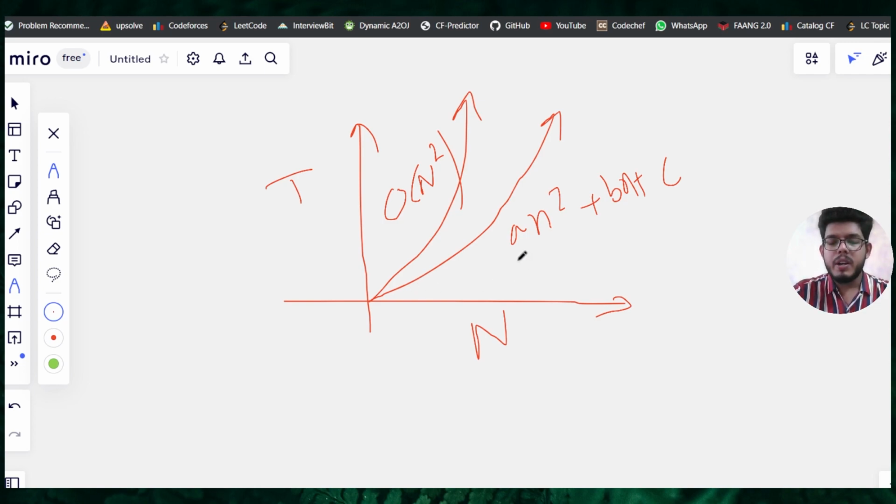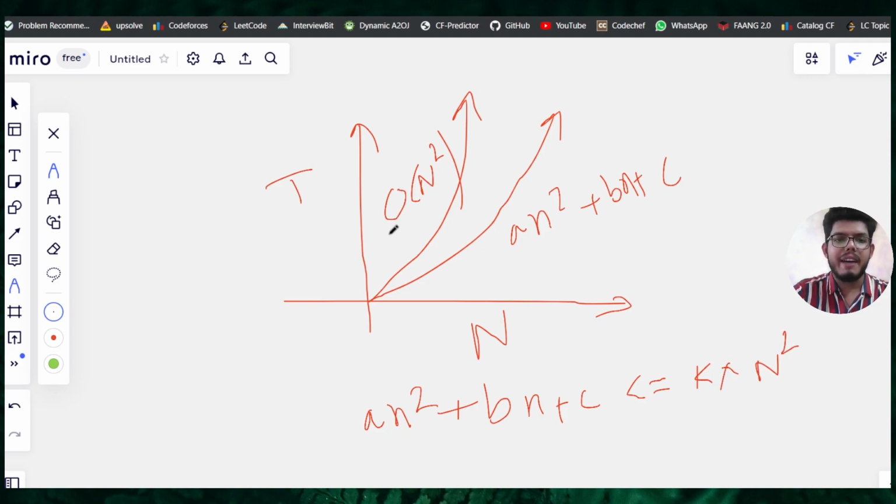Now what I want to say is a of n square plus b of n plus c would always be less than or equal to some constant k into the n square which we have here. So whatever is the value of a or value of b or n or c here, this will always be less than or equal to some constant k into n square.